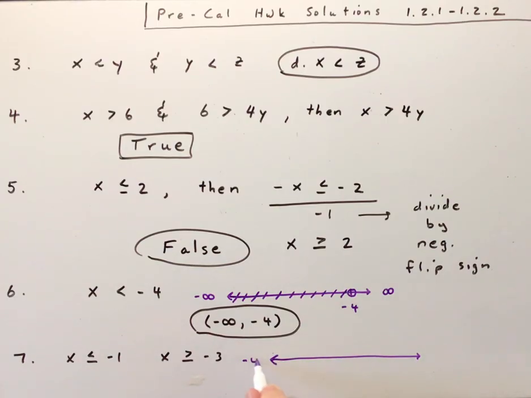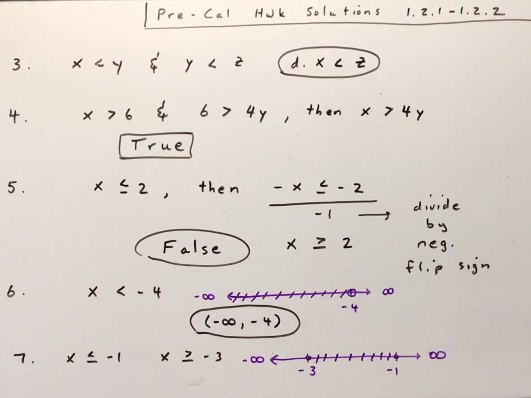We've got negative infinity, positive infinity. Negative 3 is the smaller number, so it goes on the left. The biggest number in this is negative 1. They are equal, right? We have equal, so we would have a closed circle. And then we have all of this in between.